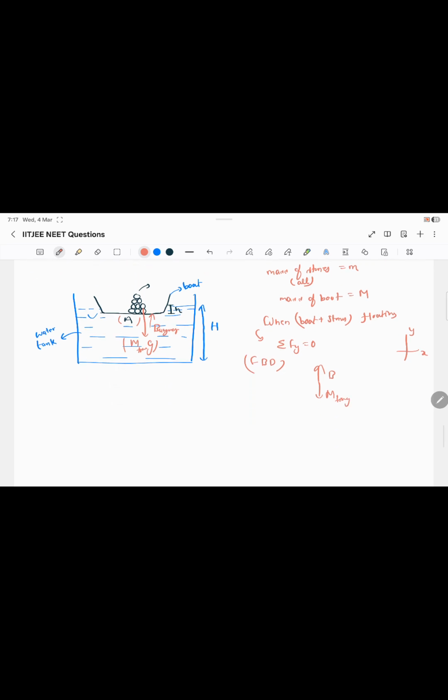So I can write that buoyancy should be equal to m total into g. In m total I'll write mass of boat plus mass of stone, into g.